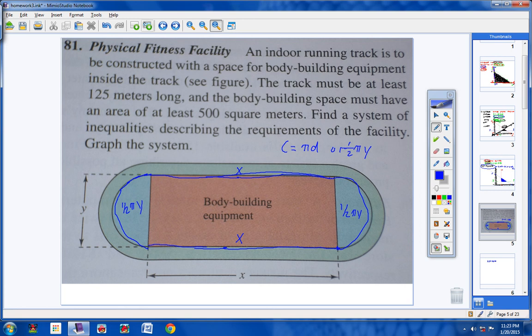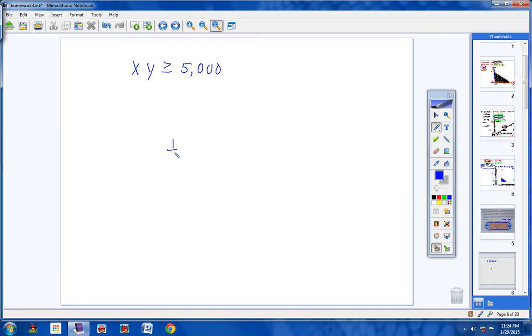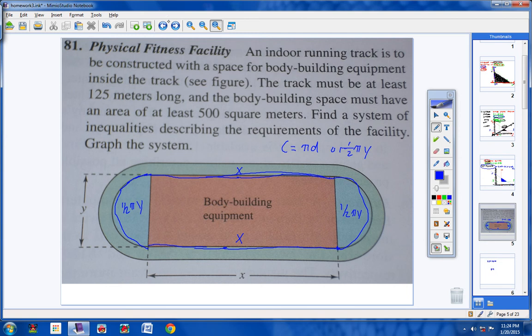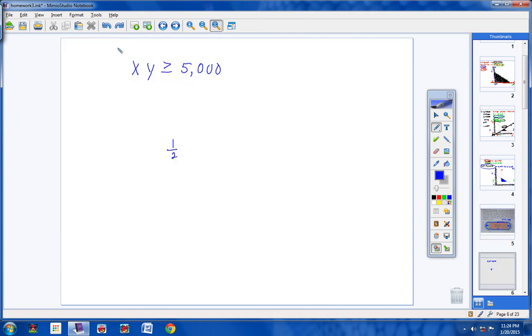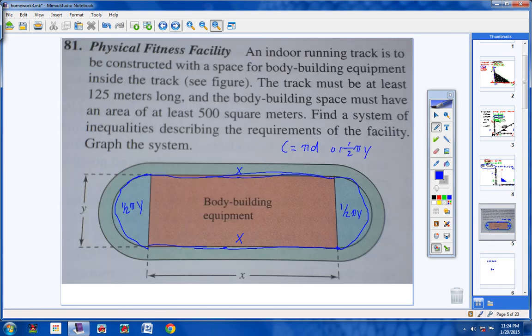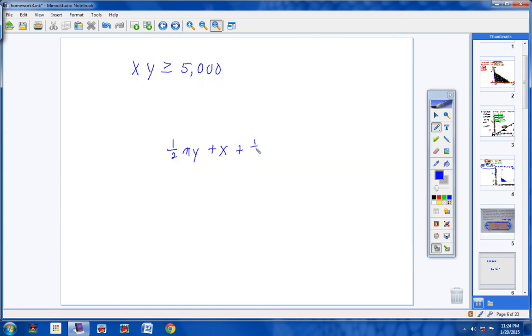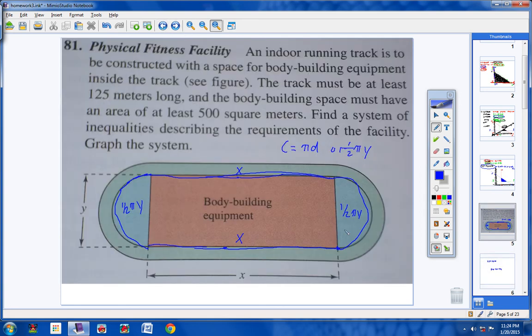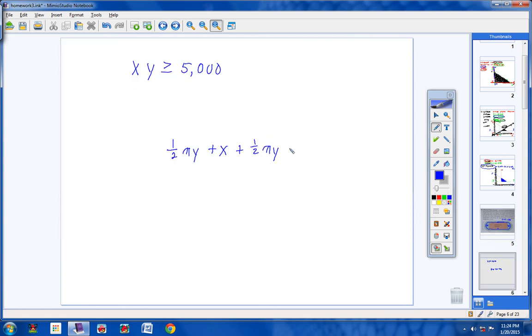So with that in mind, if we add all of those up, it's going to be 1/2 pi y plus x plus this distance 1/2 pi y plus x right here. That should be at least 125. I think it said meters.